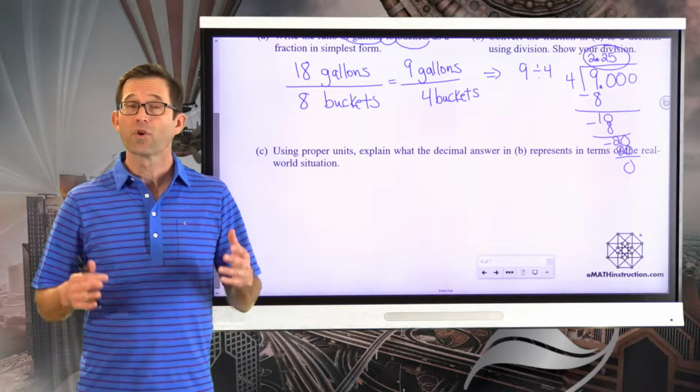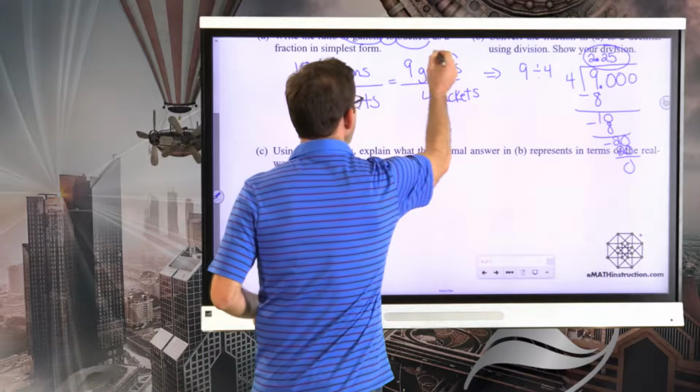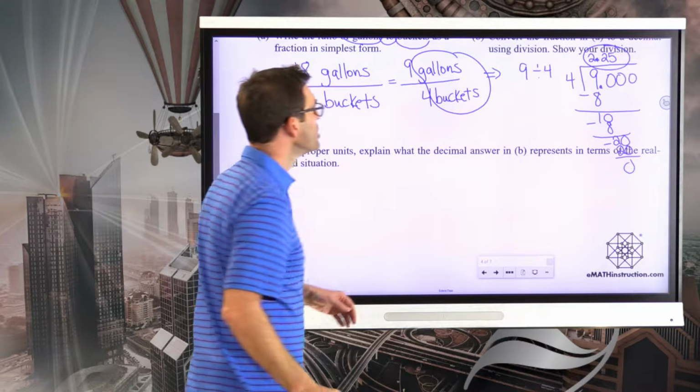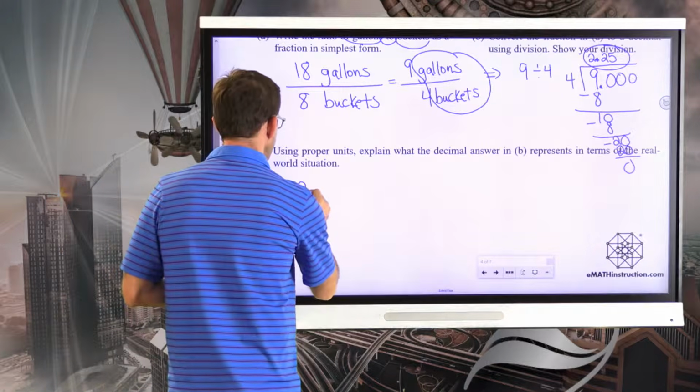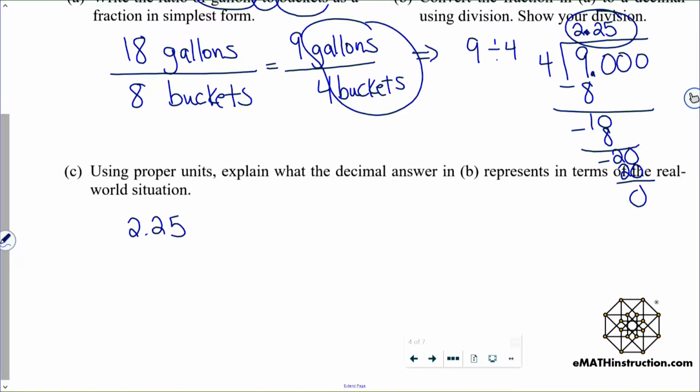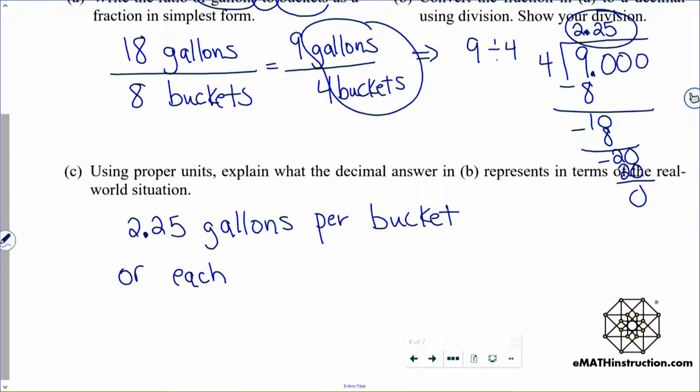All right. Well, the great thing is it's all about looking at the ratio itself. So what do we have? We have 2.25 gallons per bucket, or each bucket holds 2.25 gallons.